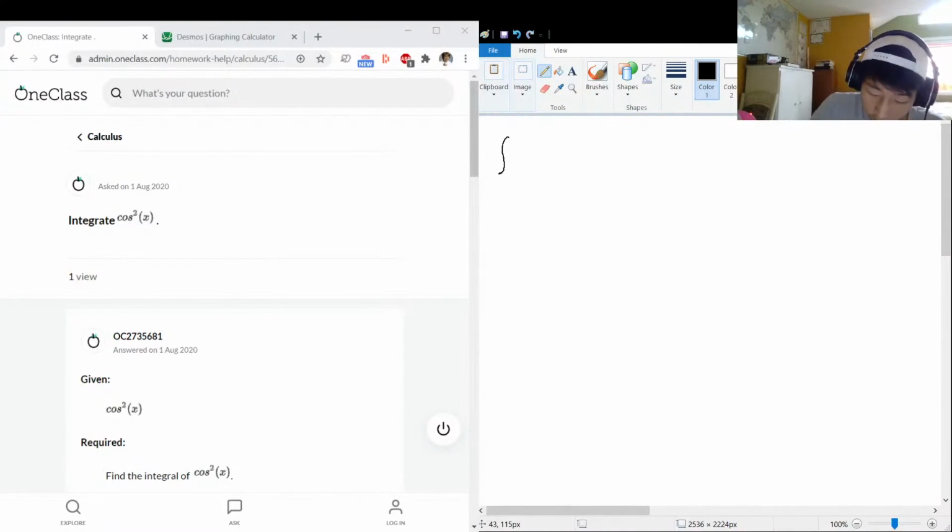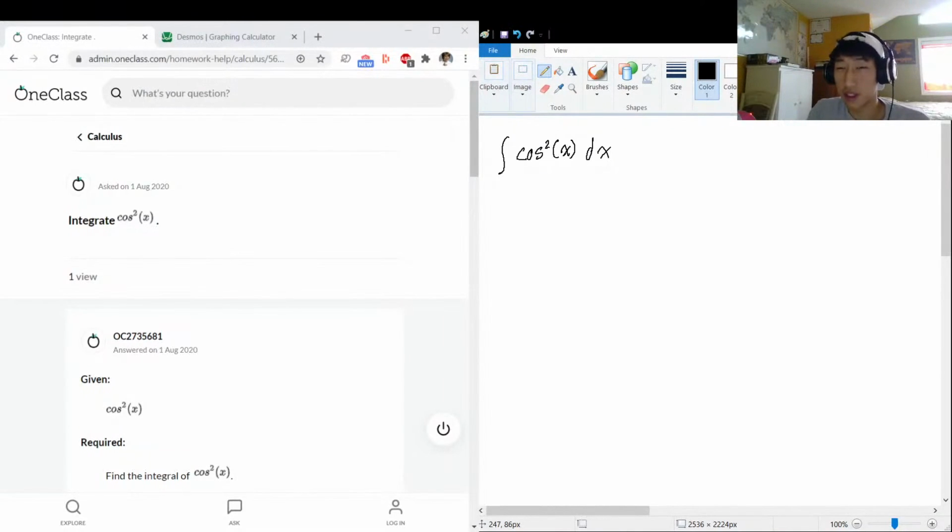So the integration of cos squared of x with respect to x.